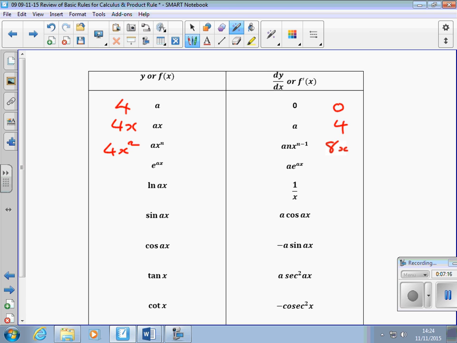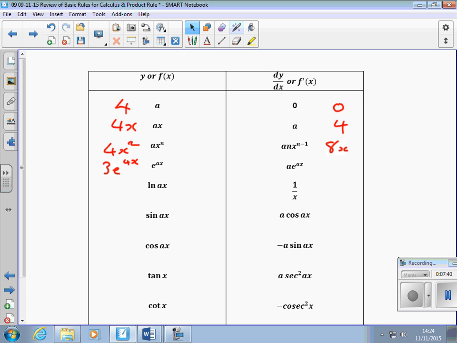This exponential function we've just been looking at, what happens with that? If there is a number inside with the x in the power, look, that number just comes down and goes in front. Straightforward. Once you've done a few, it's not complicated. So for example, if I had something like 3e to the 4x, and I want to differentiate it, the 4 comes down.